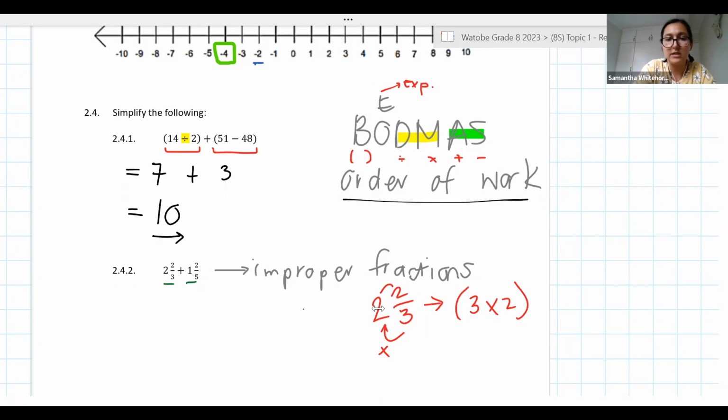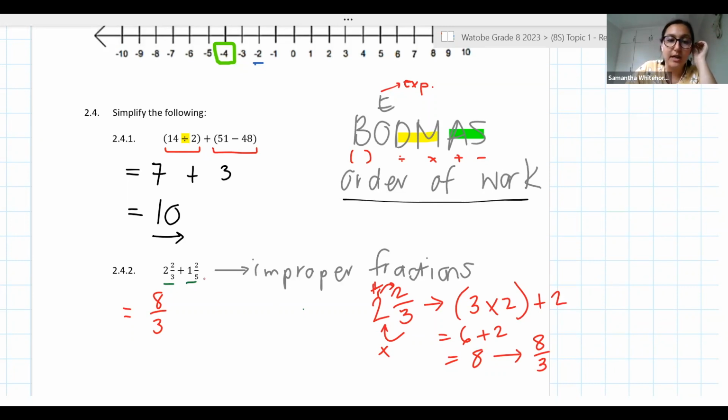And then that answer, I add the numerator to. So add 2. Now we know that 3 times 2 is 6. So I've got 6 plus 2, which gives me 8. Now that becomes the new numerator of my improper fraction. So 2 2/3 as an improper fraction is 8/3. And so I have converted this first mixed number or mixed fraction to 8/3.